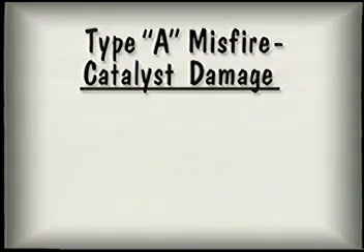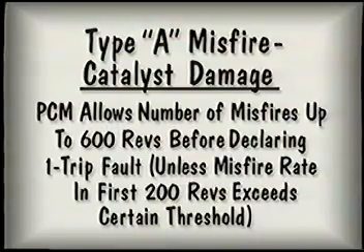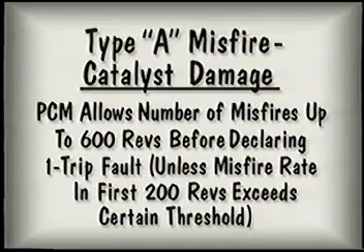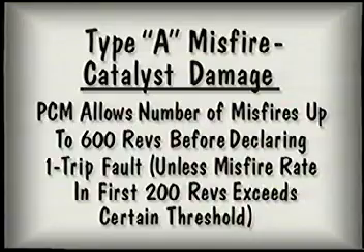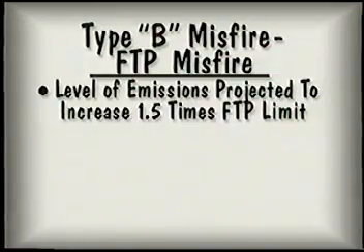In catalyst damage misfire, the PCM will allow a certain misfire count in up to 600 revolutions of the engine before declaring a one-trip fault, unless the misfire rate in the first 200 revolutions exceeds a certain threshold. In FTP misfire, also known as Type B misfire, the level of emissions is projected to increase 1.5 times the FTP limit.